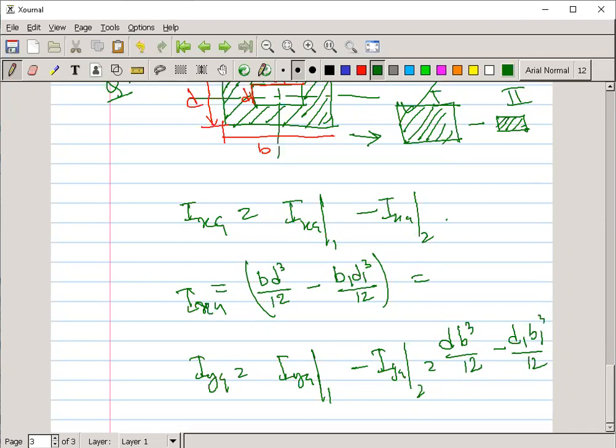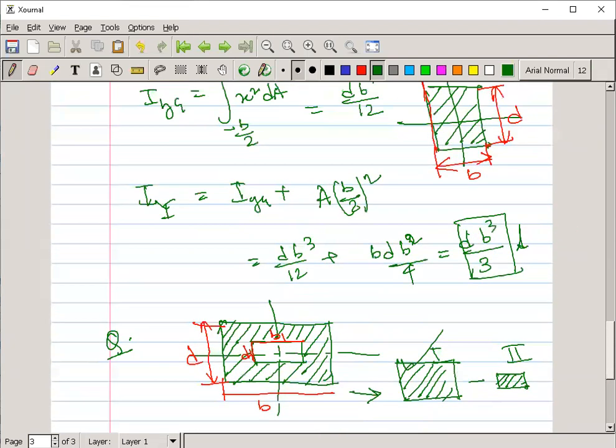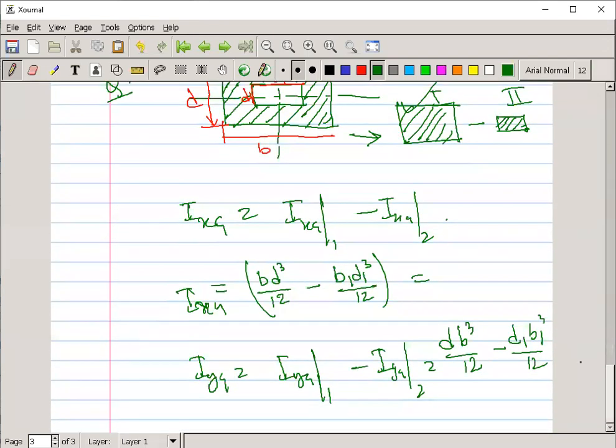Okay, and now if they say to find out the moment of inertia with respect to any edge, like the previous one, how can you solve this type of problem?